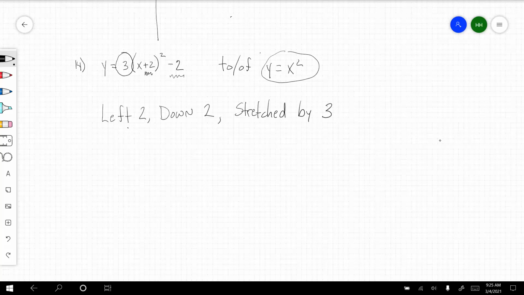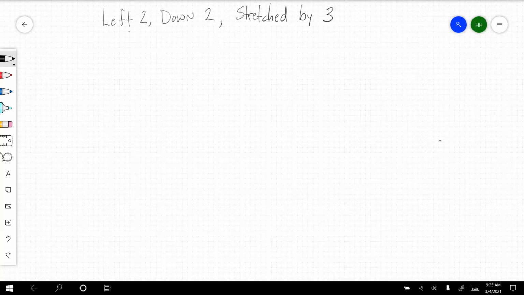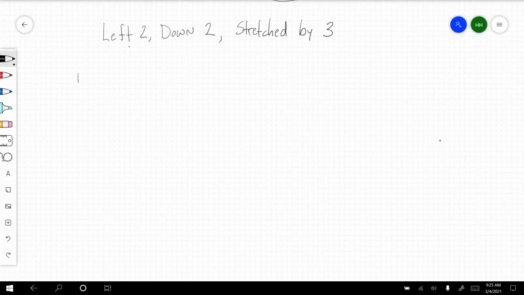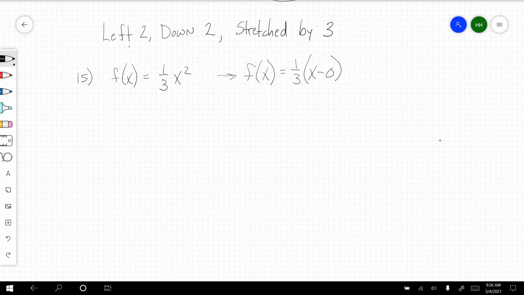All right, and then 15 and 16, you've got to graph. So number 15, if you had to graph it, you got f of x is equal to 1/3 x squared. So we got a vertex. Remember, this is the same as f of x is equal to 1/3 (x minus 0) squared plus 0.